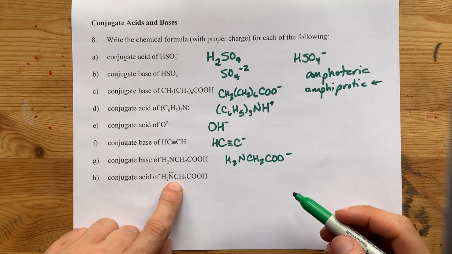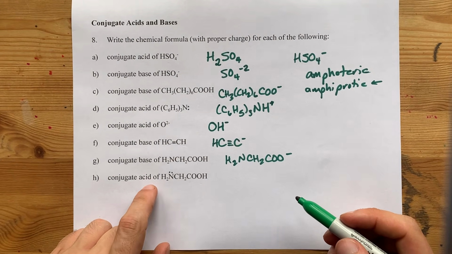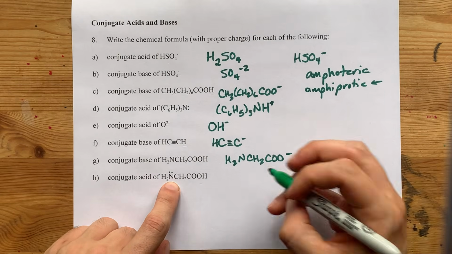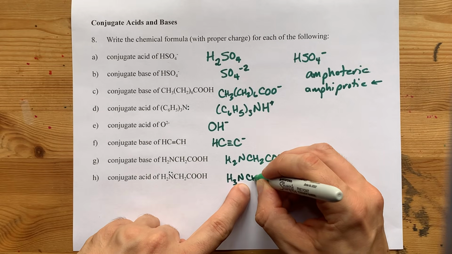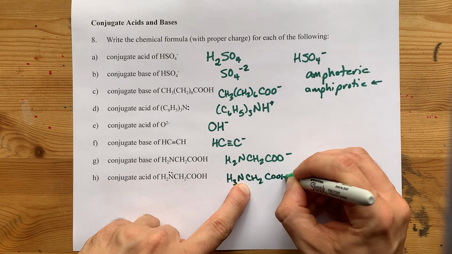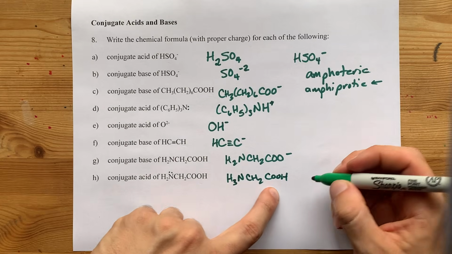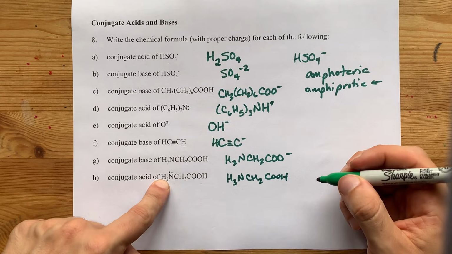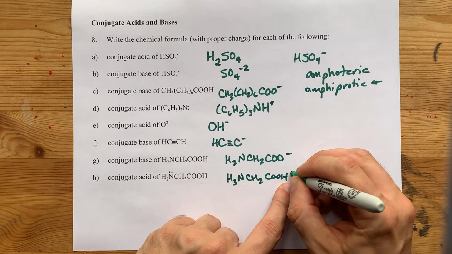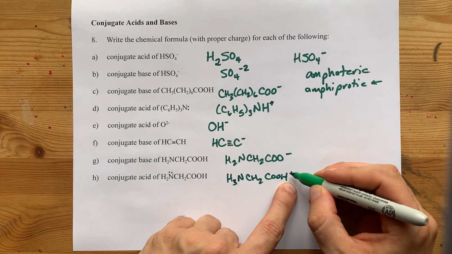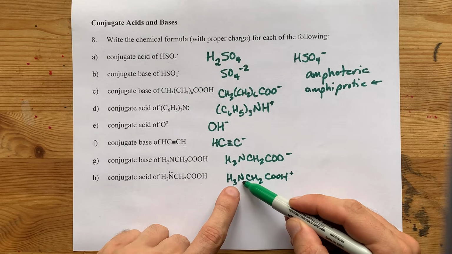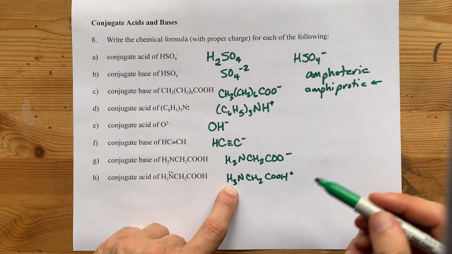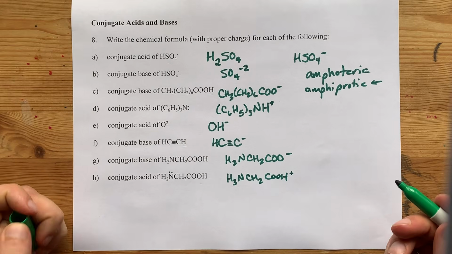So I'm going to ask you to add the extra H of the conjugate acid onto that N. Make it H3N, CH2COOH. Now that has an extra H relative to what it did. Don't forget to notch the charge up by 1. That charge is not on this H. It's more accurately actually on the N. But by convention, we write the charge at the end.